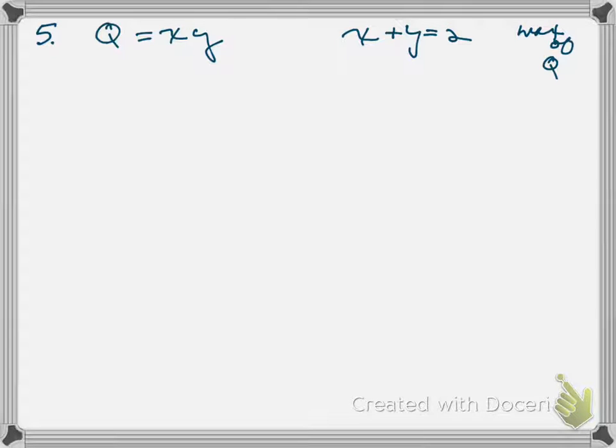So here's number 5, and number 5 says Q equals x times y, and then x plus y equals 2, and you are asked to find the maximum of Q. So we want to find the max of Q. Okay, so first off, you can't deal with having two variables.